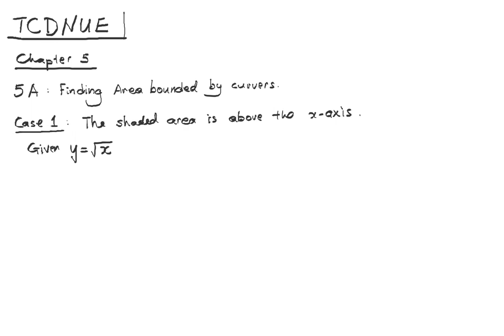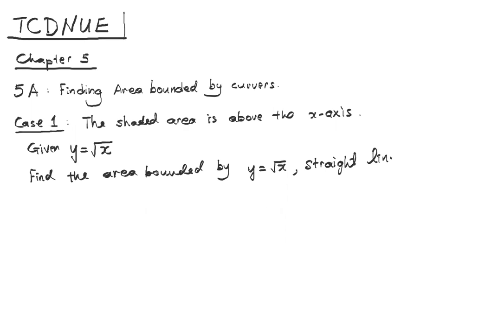Okay, so I say find the area bounded by y equal to square root of x, straight lines x equal to 0, x equal to 2, and x-axis. Okay.